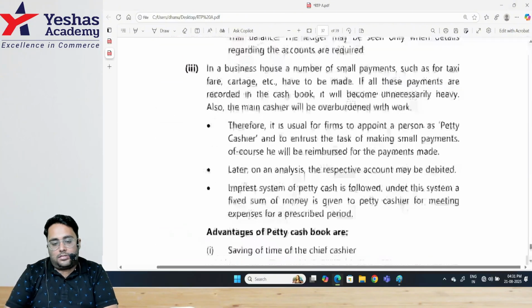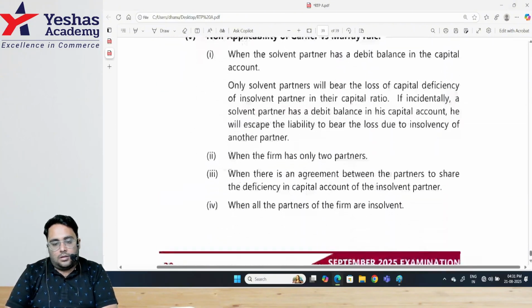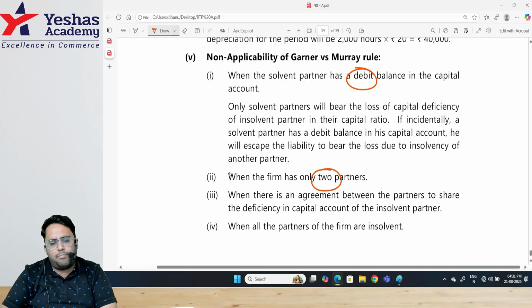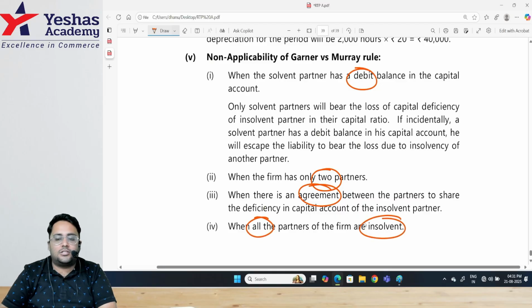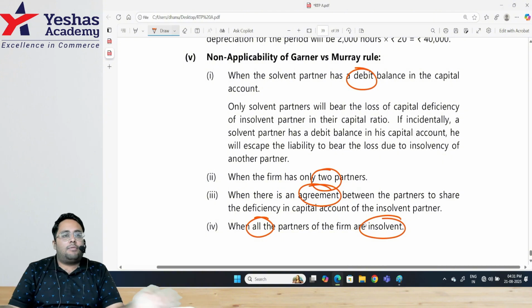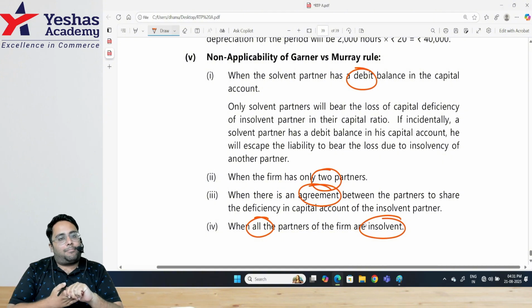I'll just look at the answers. When a solvent partner has debit balance, when the firm has only two partners, one solvent, one insolvent, when there is an agreement between partners, and when all the partners are insolvent, or you can also say when all the partners are solvent. Understood? With this, we completed our RTP for September.